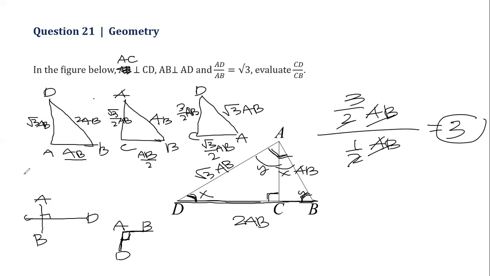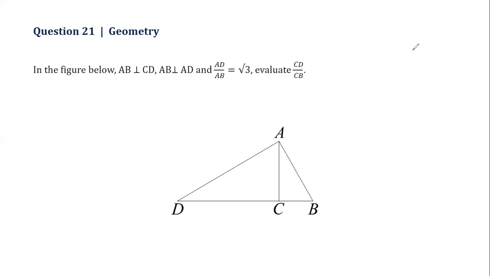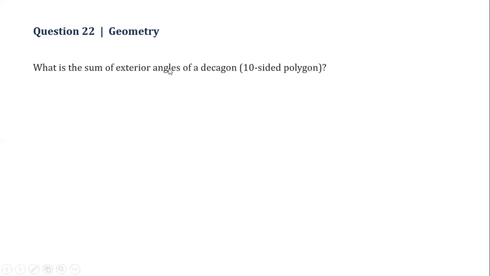Okay, I think we can proceed to 22. So what is the sum of the exterior angles of a decagon? Just to clarify, let's say I have a triangle here.